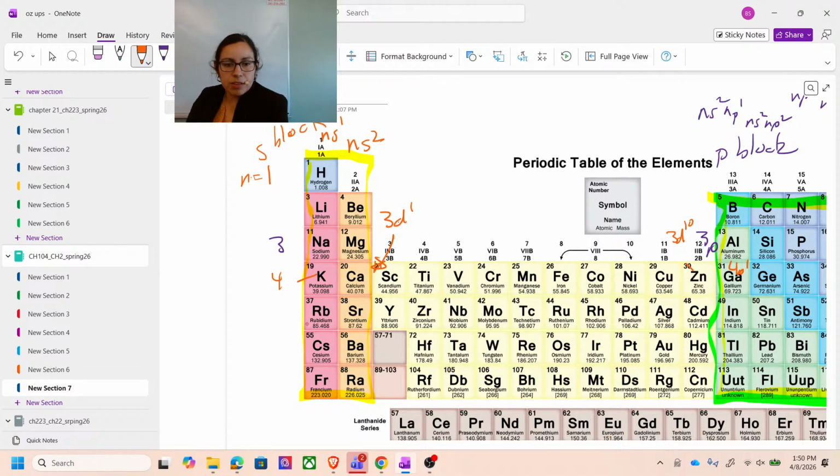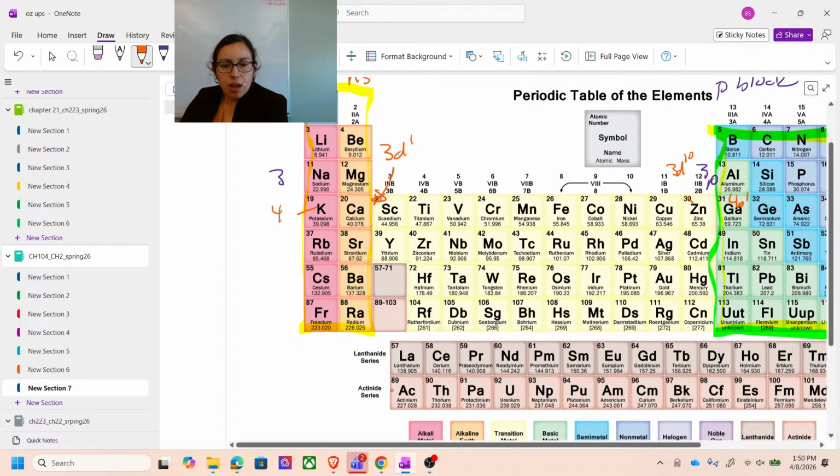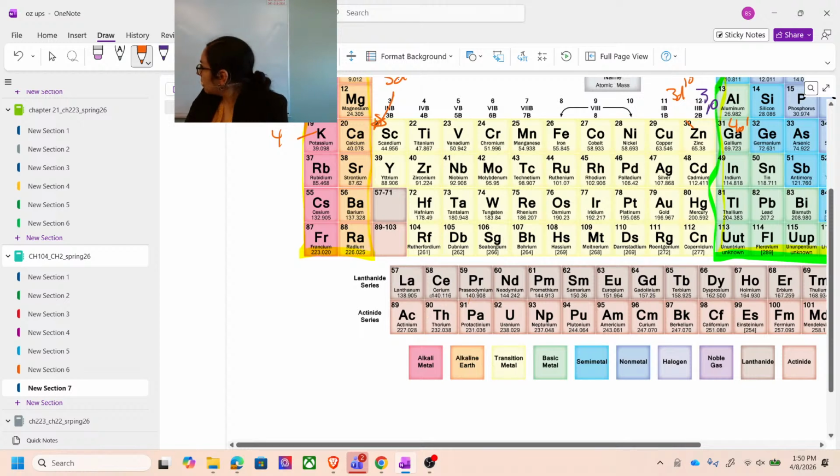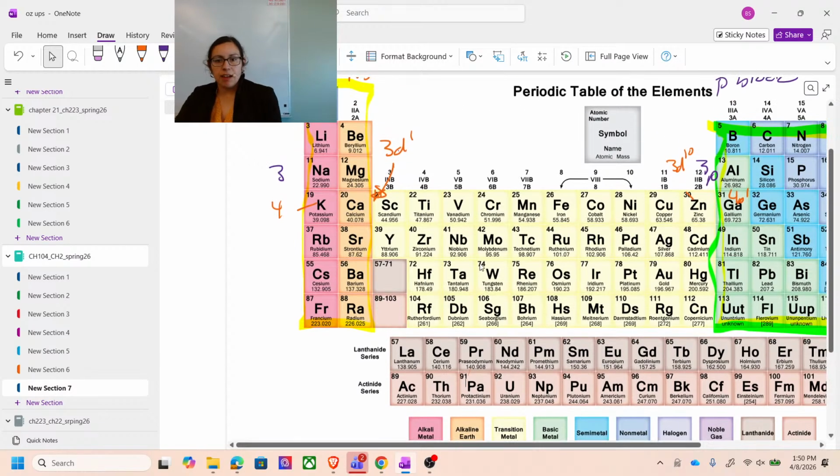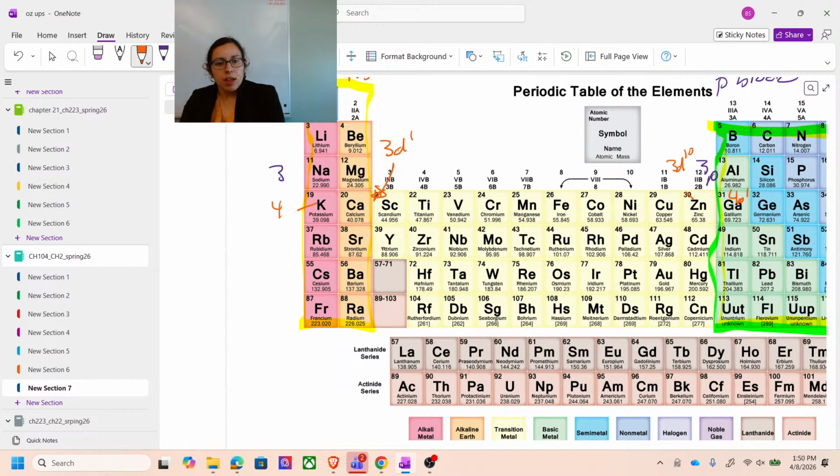We'll keep continuing because there's some other oddities over here, but I don't want to start it and rush it. But that at least gets you pretty far. Right now you should be able to figure out up to barium, just following the same pattern. So this is 4d, but I'll save this because that gets wonky.